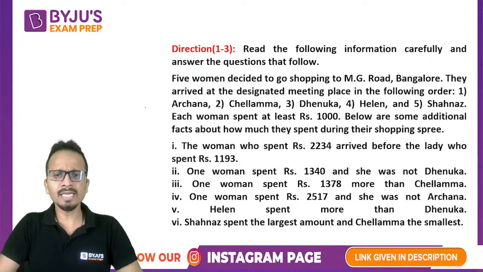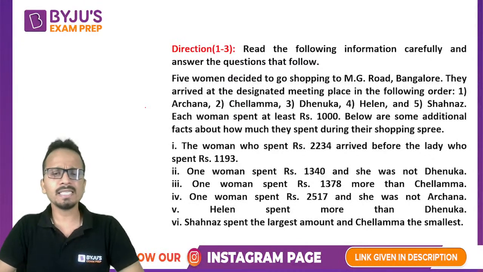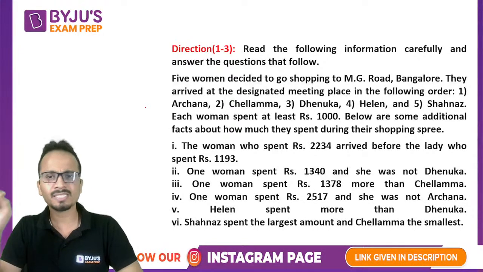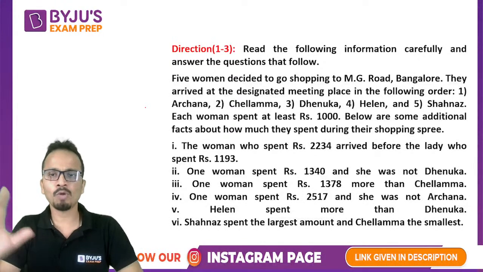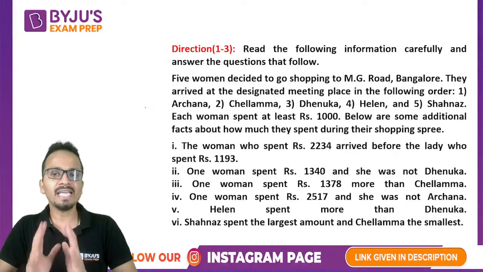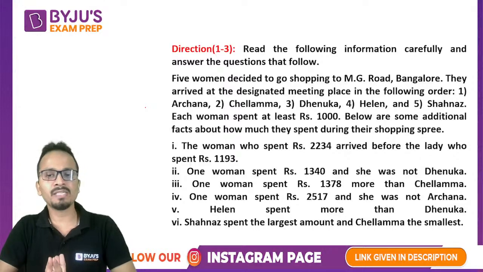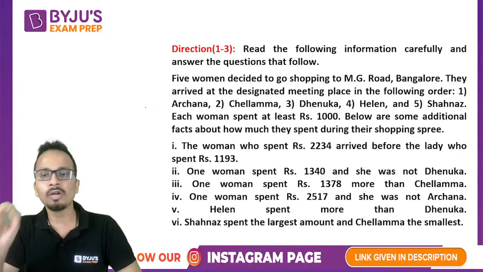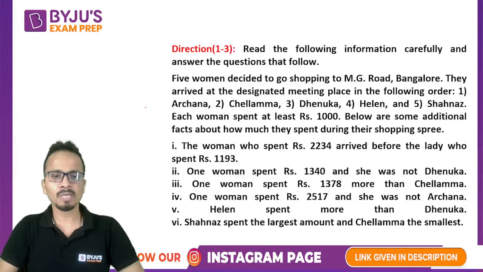Now, in this case, what I can see is there are 5 ladies, and each of them spent some money in this shopping mall, and the money is at least 1000. So every woman here has spent greater than or equal to 1000 rupees. Now the 6 conditions are given below.